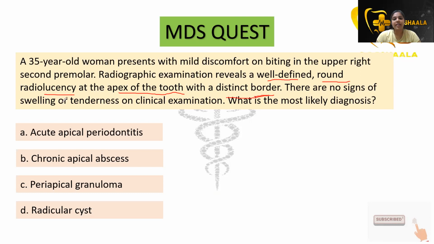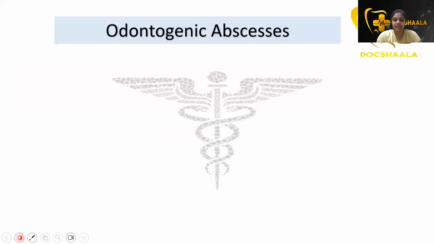There are no signs of swelling or tenderness on clinical examination. What is the most likely diagnosis? Do not see the options. Just try to answer from this. It is periapical granuloma. Okay. Even without the radiograph, you can answer this now, right? So you have to prepare like this.